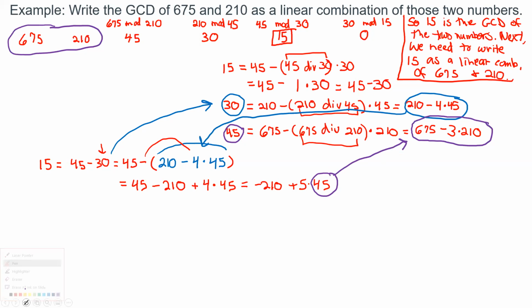Okay, so I'll say equals negative 210 plus 5 times 675 minus 3 times 210.